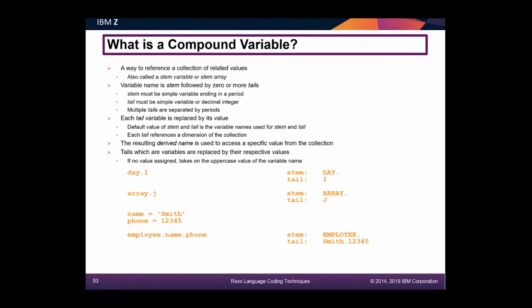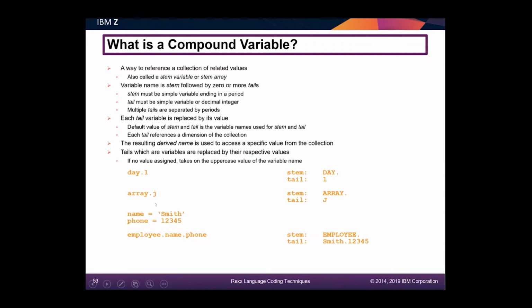So remember when we talked about variables in the previous session, remember every variable, if you have never given it a value, Rexx defaults it to the name of the variable in uppercase. So that applies to both stems and tails in arrays as well. And so when you have the variable day.1, if you've never assigned a value to that particular stem and tail, then the default values are the stem of DAY in uppercase followed by the dot, and the tail is the number 1.